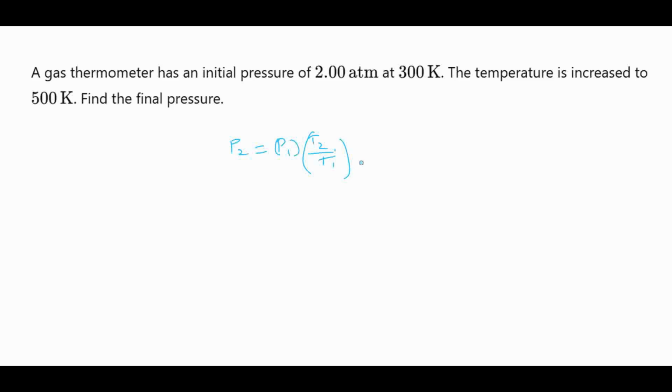So P1 is 2 and T2 is 500 by 300. This will give us basically 3.33 atmosphere.